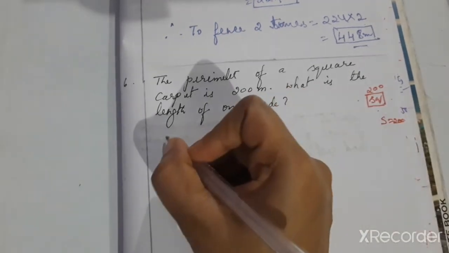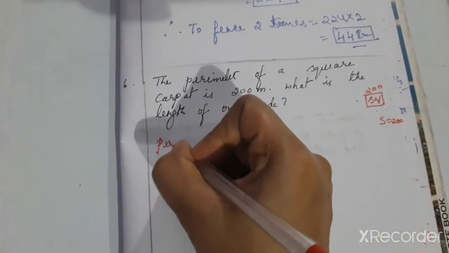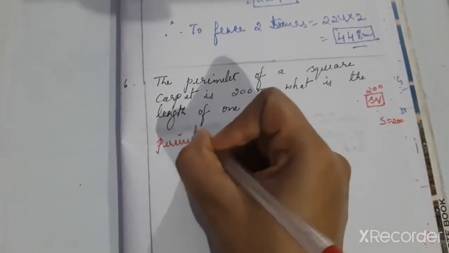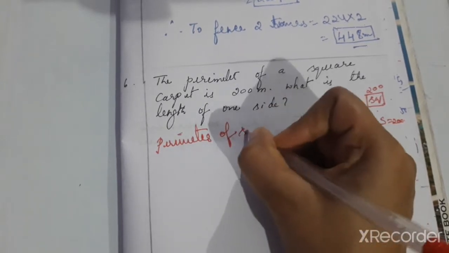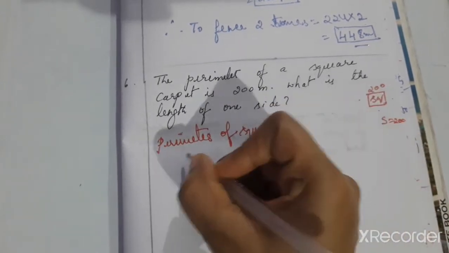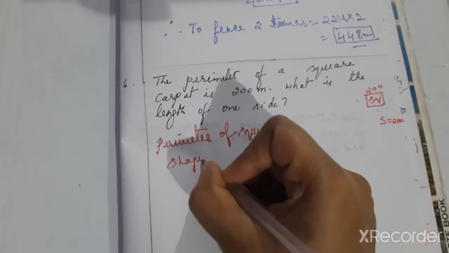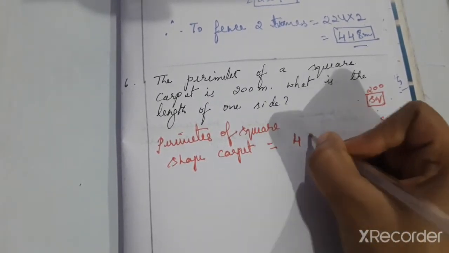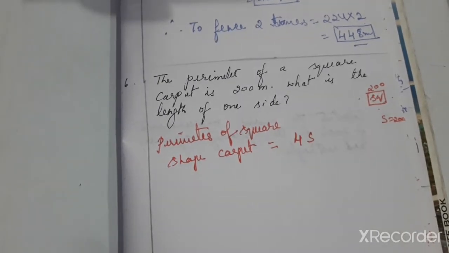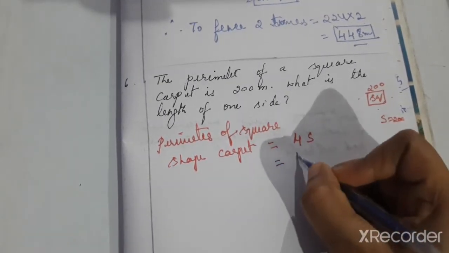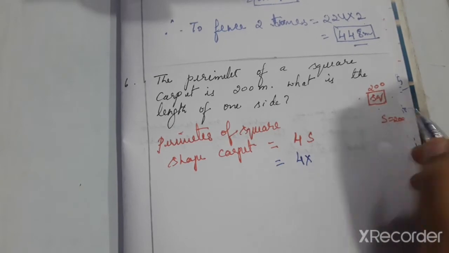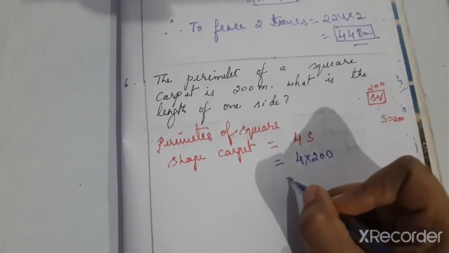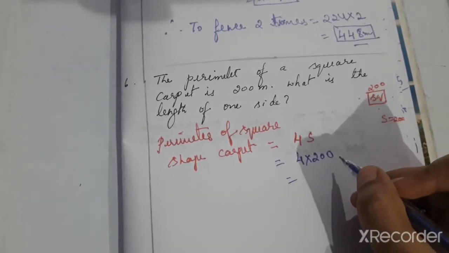Perimeter of a square shaped carpet, the formula is 4S. Now 4 into S value 200.